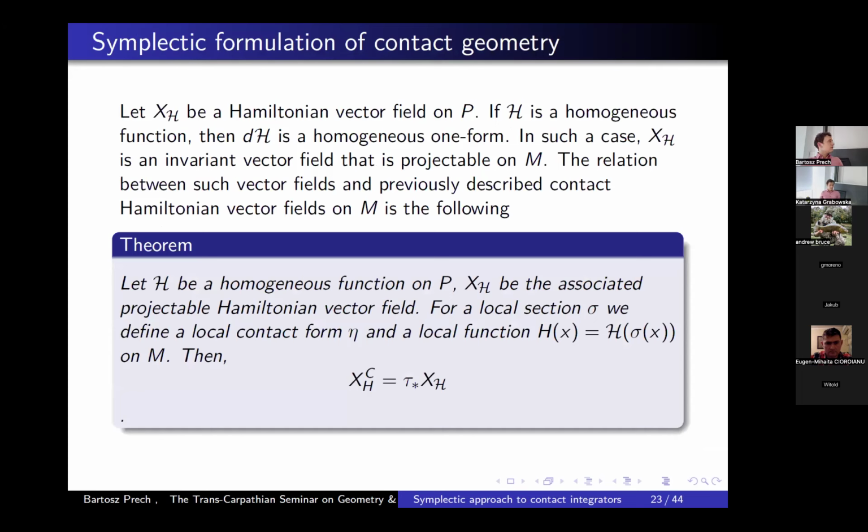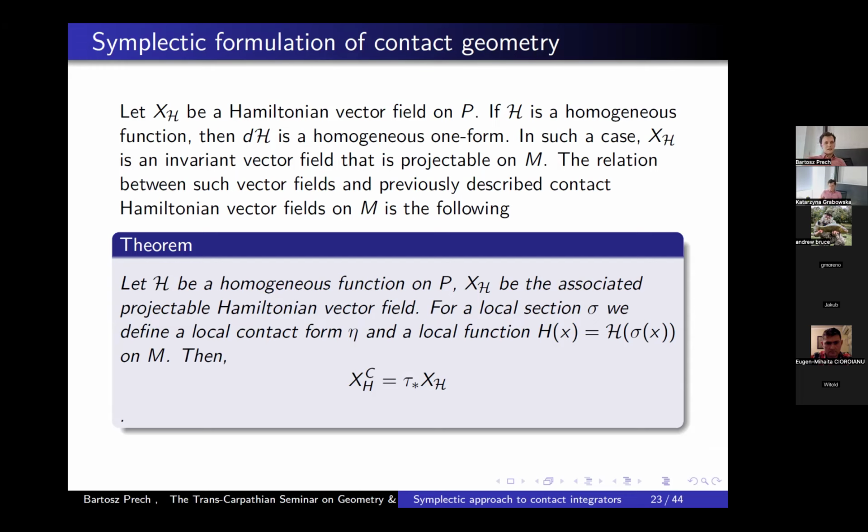Now, how we will actually use it. Why it is introduced: if we consider homogeneous functions, then dh on the symplectic manifold, if we go to a different point in the vertical direction, should be multiplied by a respective number.